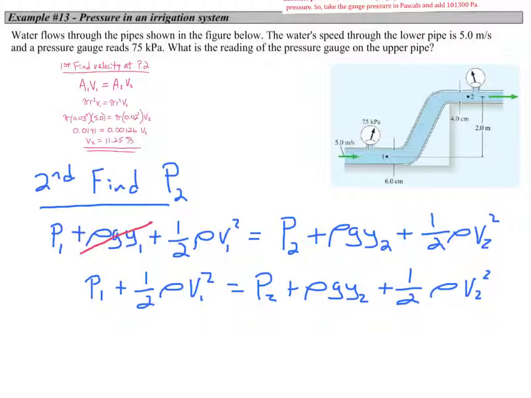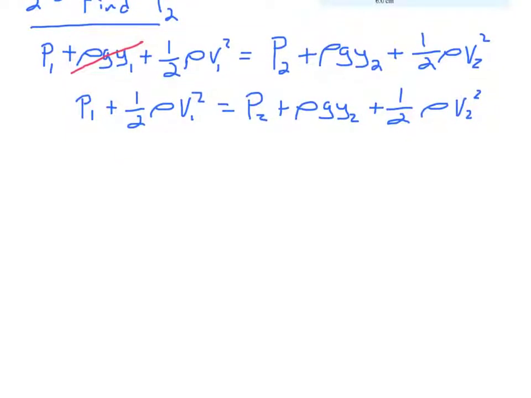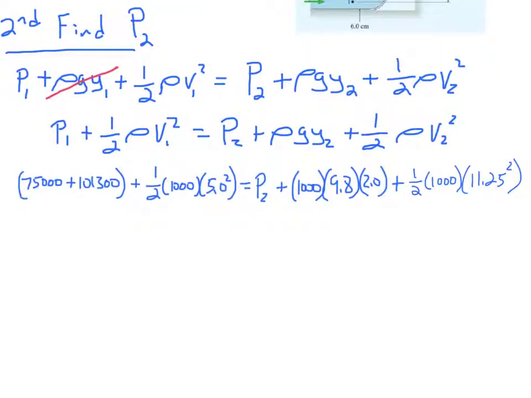So this is a rho, this is a P. All right. Now we can substitute in our values and solve. Now, when we do that, you have to remember what we talked about right as we began this problem about the gauge pressure and absolute pressure. We have to take the gauge pressure we're given at point 1, convert it to pascals, and add in the atmospheric pressure. And that'll give us our absolute pressure, and we'll get absolute pressure at the end.